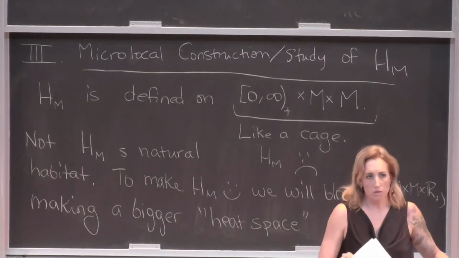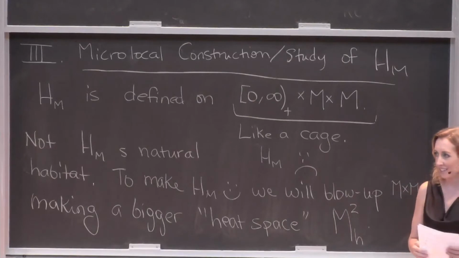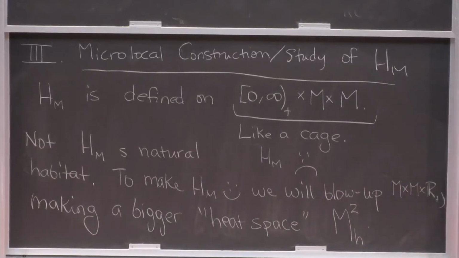Are there any questions so far? Okay. So I'm going to just list initially everything that we're going to blow up, and then I'll explain some of the heuristics of this. Yes. Yes, for positive time.